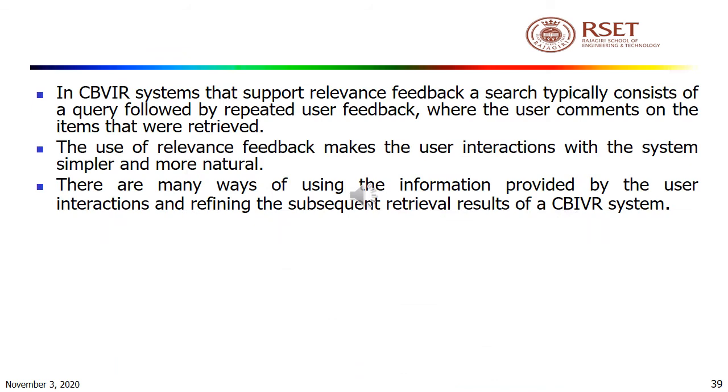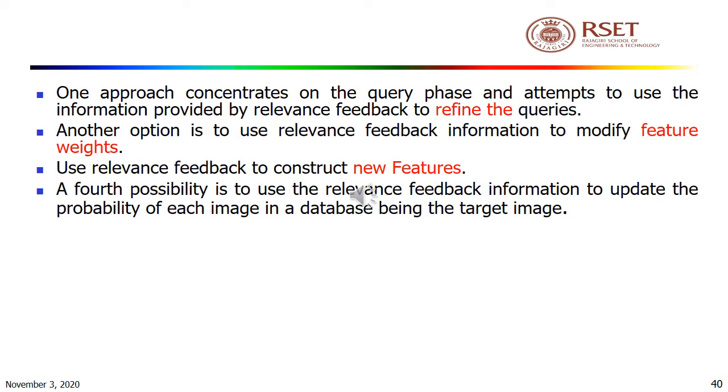In CBIVR systems that support relevance feedback, searches typically consist of a query followed by repeated user feedback, where the user comments on the items that were retrieved. The use of relevance feedback makes the user interaction with the system simpler and more natural. There are many ways of using the information provided by the user interactions to refine the subsequent retrieval results of a CBIVR.